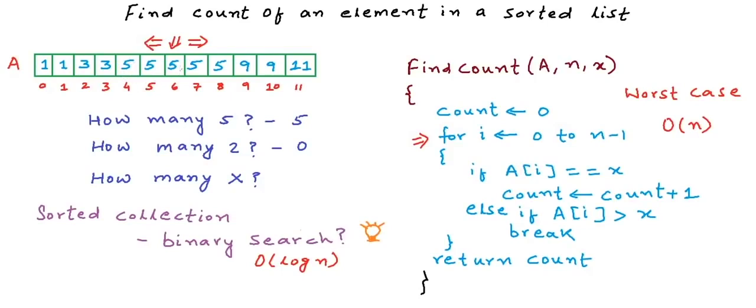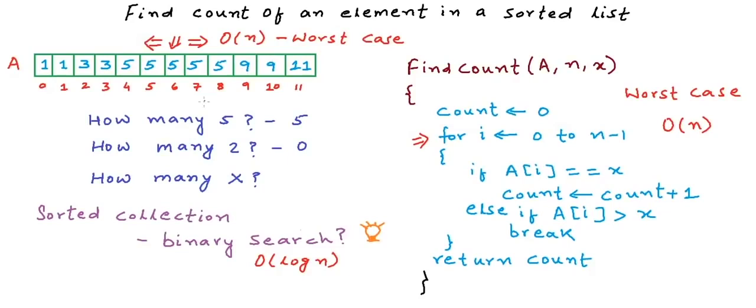But once again, if the whole array is number 5 only, all elements being same still is a sorted array, then we will scan all the elements, we will access all the elements in the array, and eventually the time complexity will be big O of n only. The time taken will be proportional to n only in the worst case.